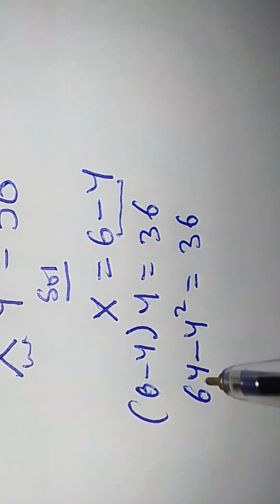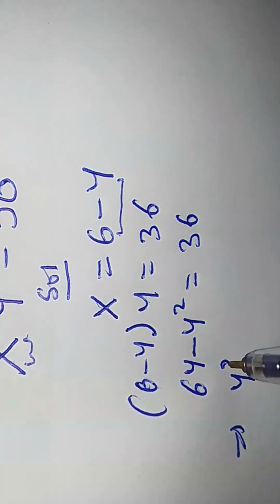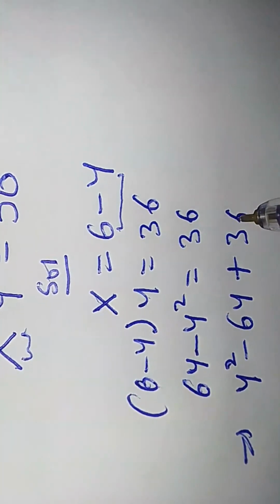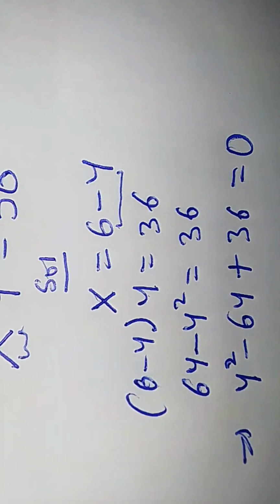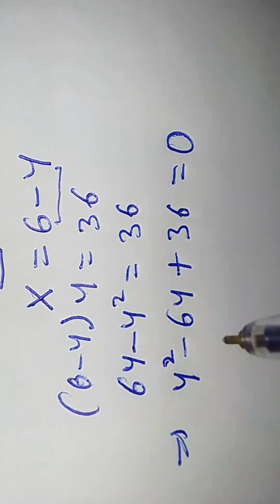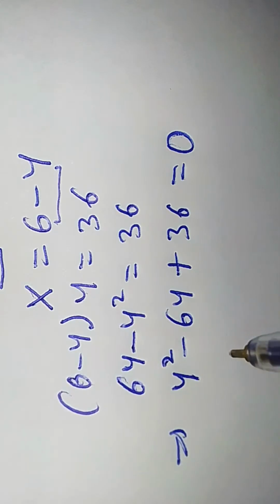Now, let's rearrange this equation. This means that we have y squared minus 6y plus 36 equal to 0. Now, let us solve this quadratic equation using the completing the square method.